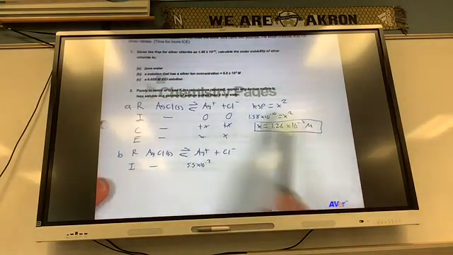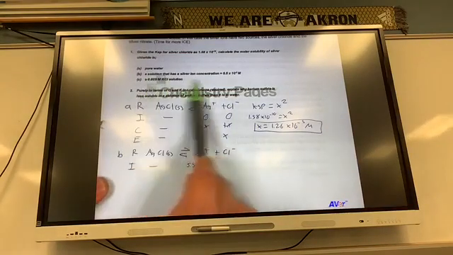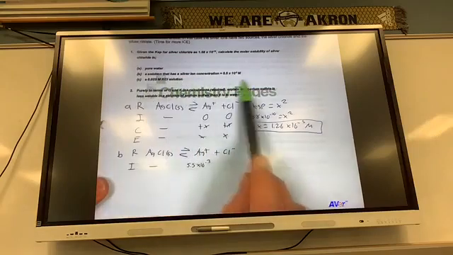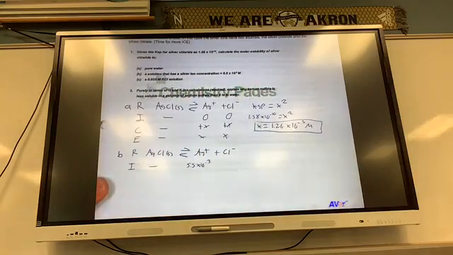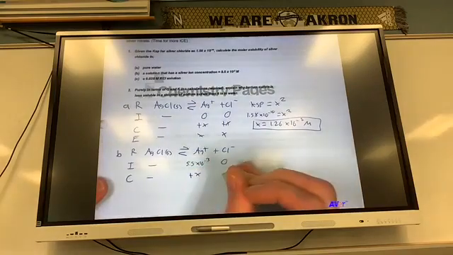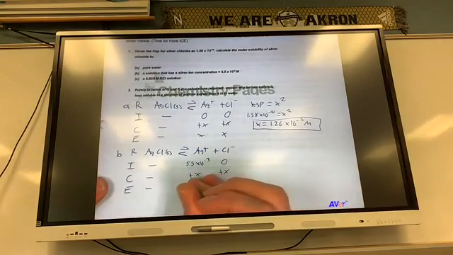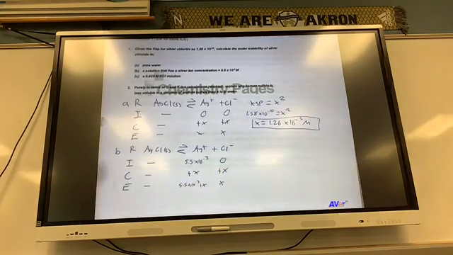Where did that come from? This says that I started out with a silver ion concentration. Chlorine is still what? 0, to start. Change, not part of it. So this is still plus X, still plus X. Equilibrium, 5.5 times 10 to the negative 3rd plus X, and X.